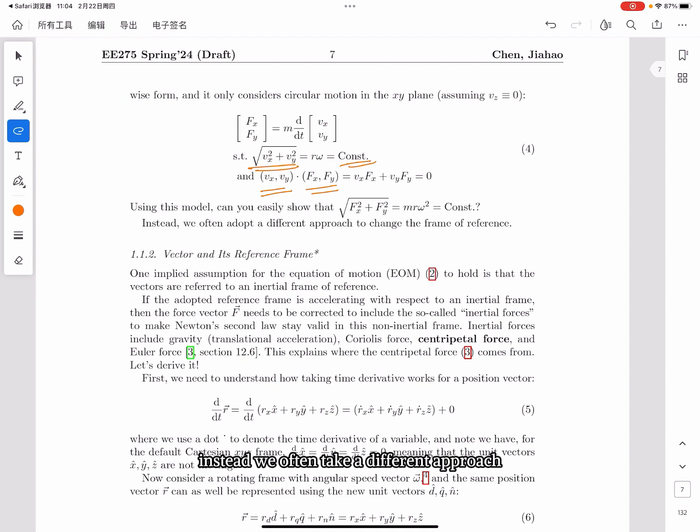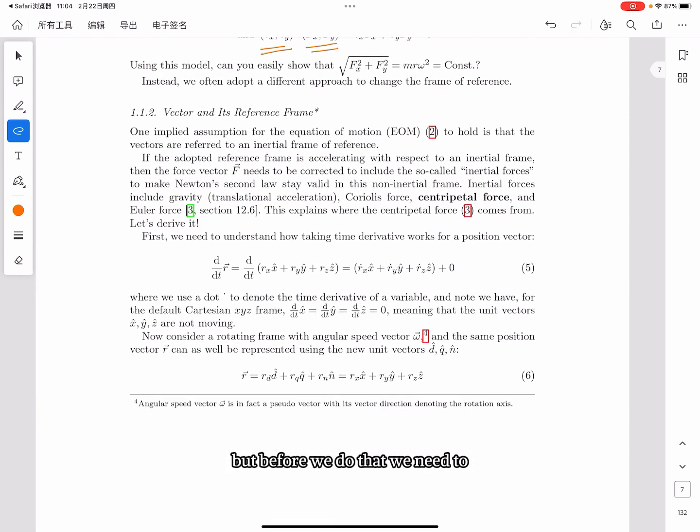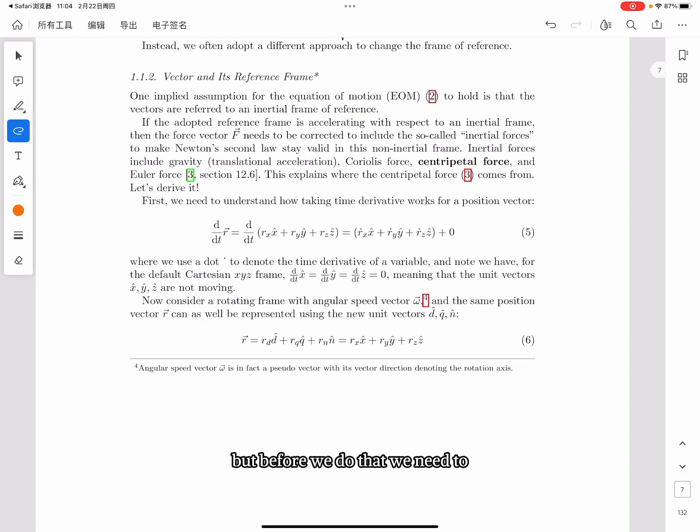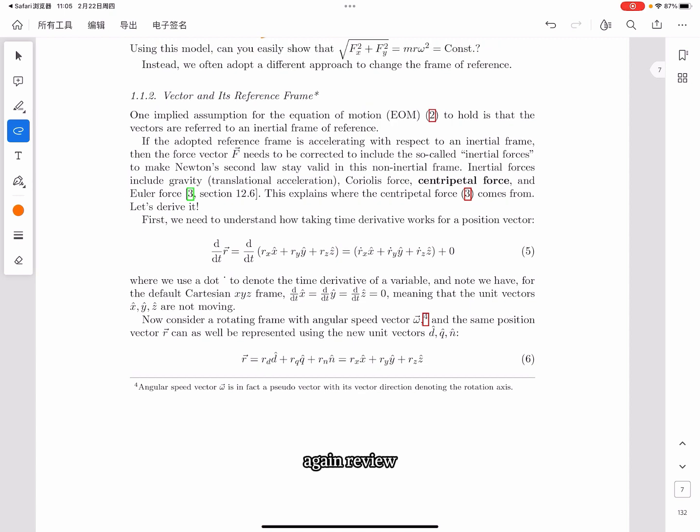Instead, we often take a different approach: changing the reference frame. But before we do that, we need to again review how to take the time derivative of a vector. A vector r can be rewritten in terms of its components rx, ry, and rz, and unit vectors x hat, y hat, and z hat of this Cartesian coordinate.